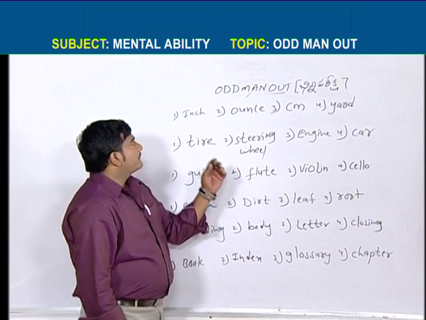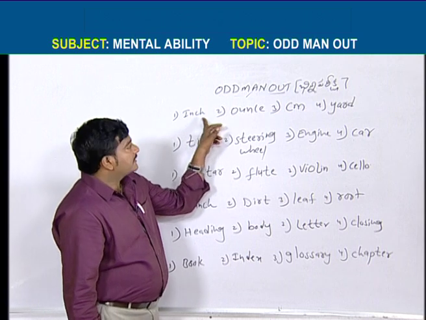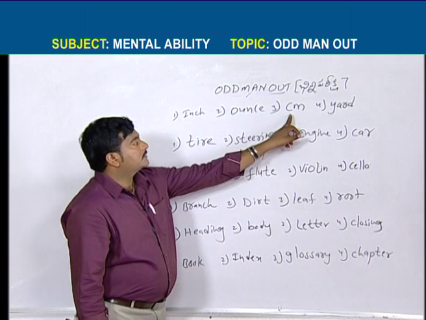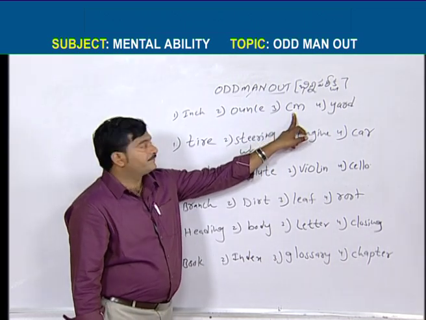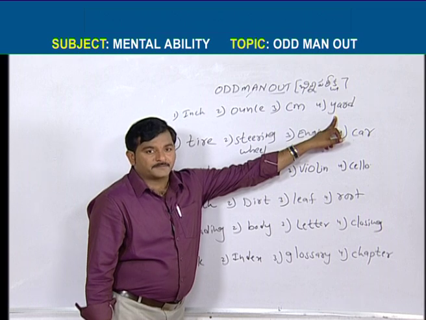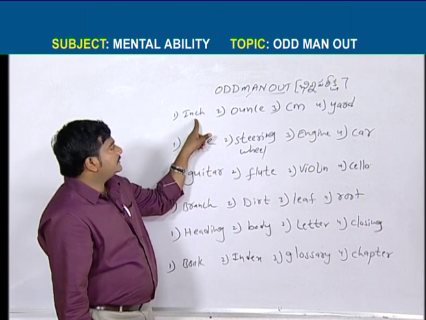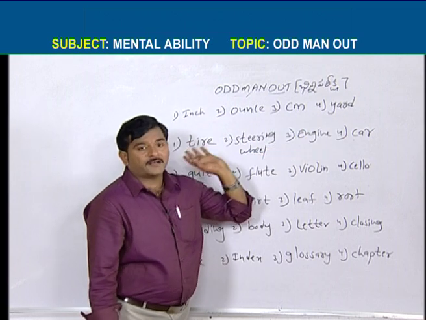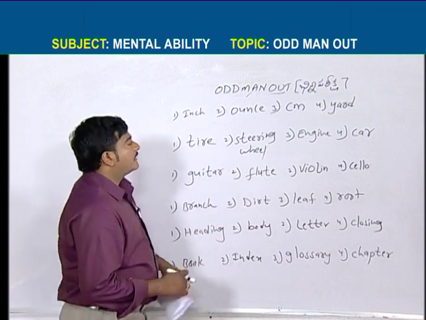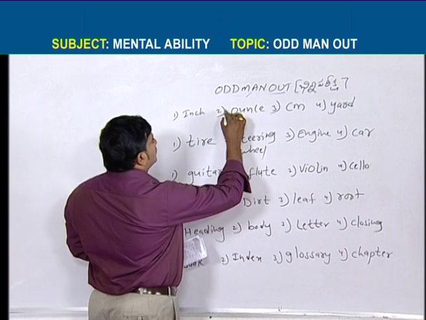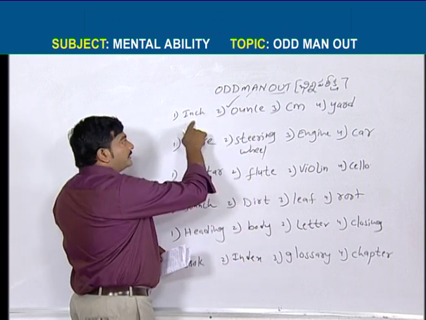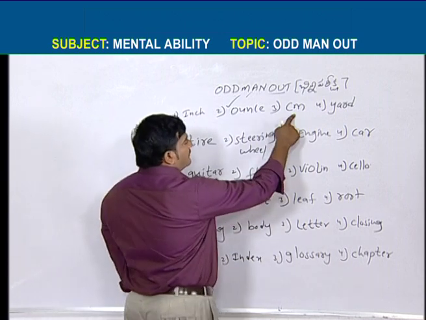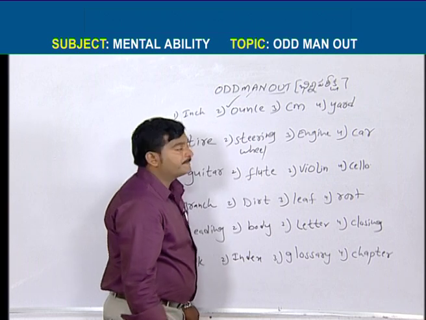See, the first option he has given is inch. Second is ounce. Third is centimeters. Fourth is yard. I repeat: inch, ounce, centimeters and yard. So obviously what is your answer? The answer is ounce. Why? Inch is a measure of length. Similarly centimeter we can also measure length.